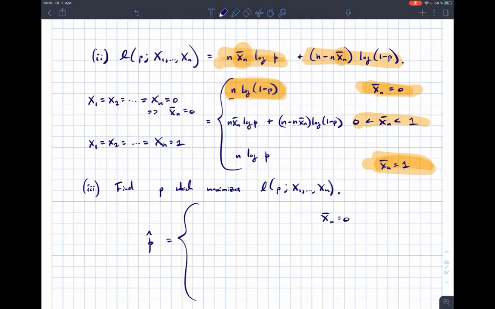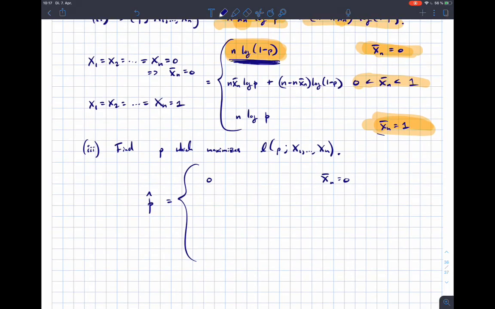If I were to plot log p, this would be an increasing function of p. Log 1 minus p would be a decreasing function of p, which means to maximize it, I'd want to put in the smallest value of p possible. So I would put in 0 to maximize it.